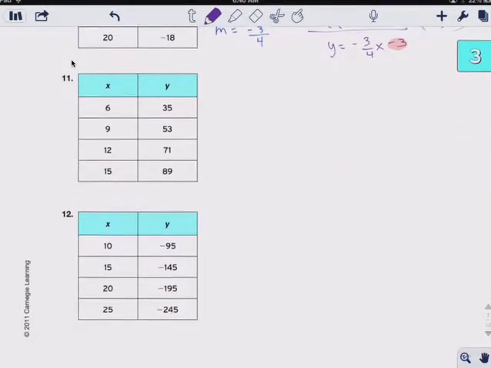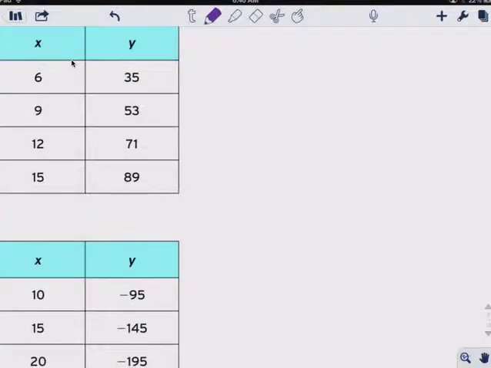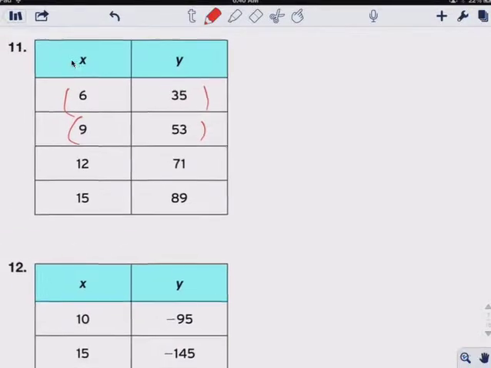Okay, next one. They're all bad, so you choose these two numbers.